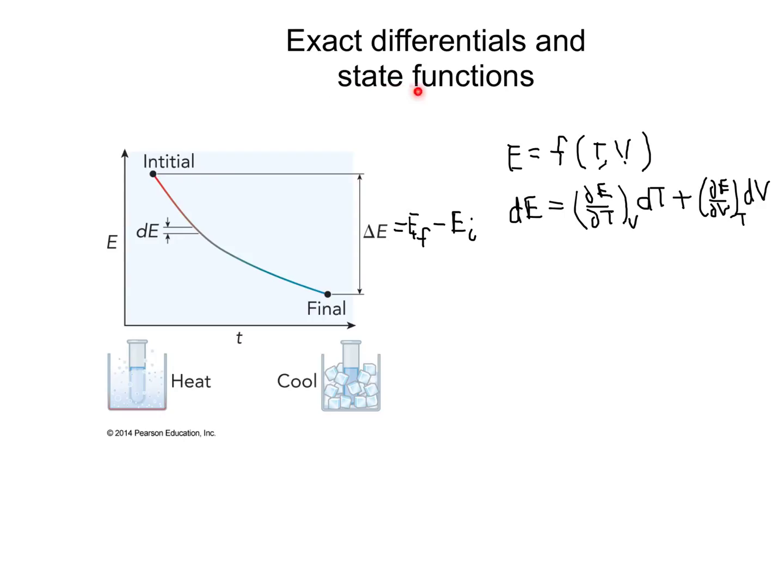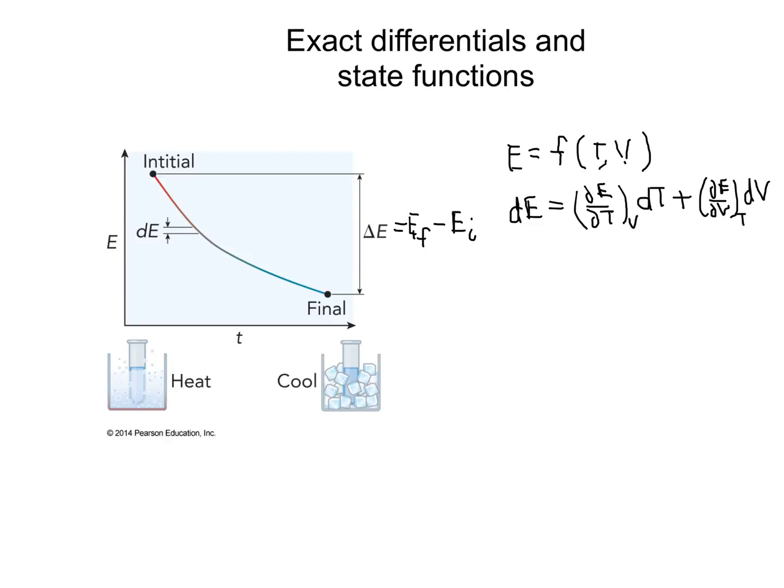Any state function will have an exact differential, and the total change in any exact differential is the sum of the changes due to each of the variables. Notice that we've used partial derivatives to talk about the change with respect to each of the variables.